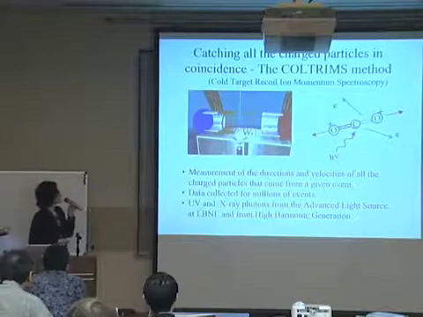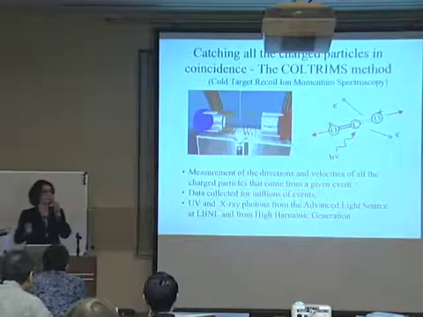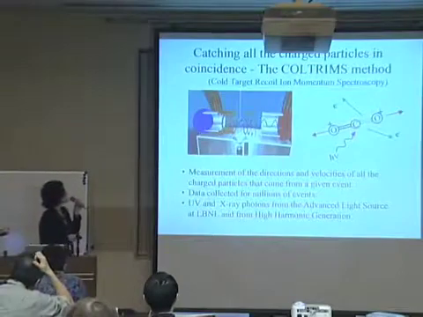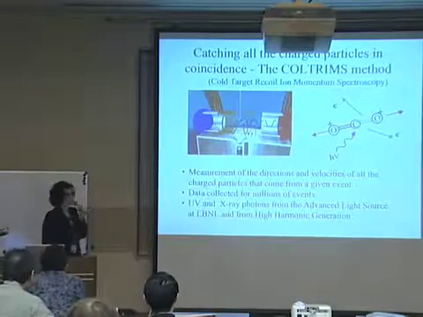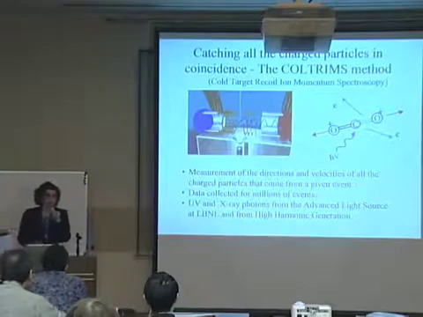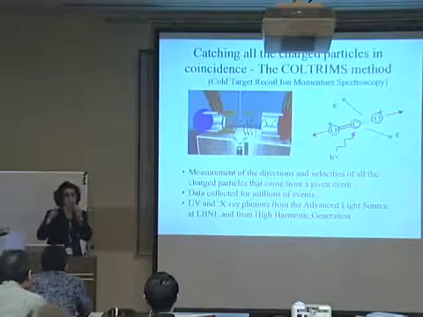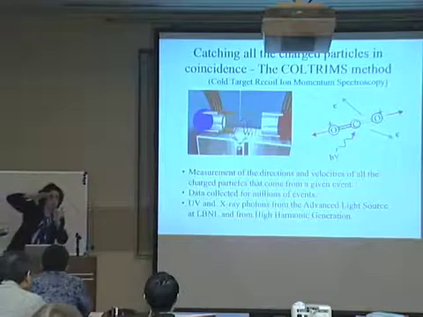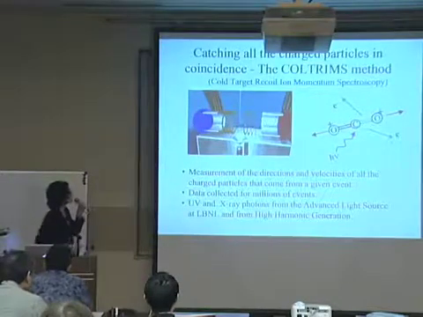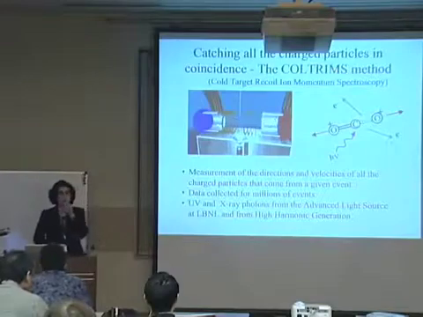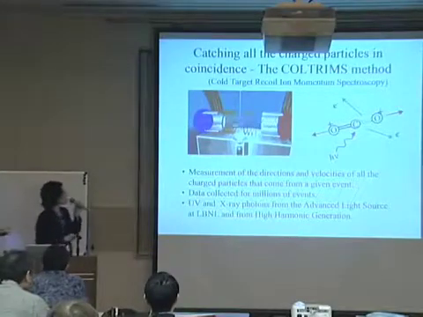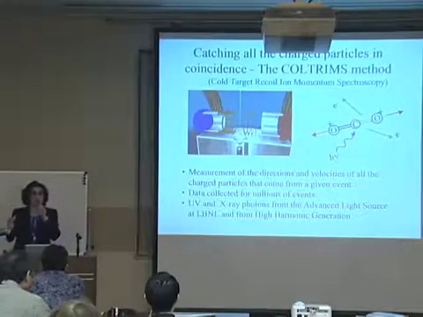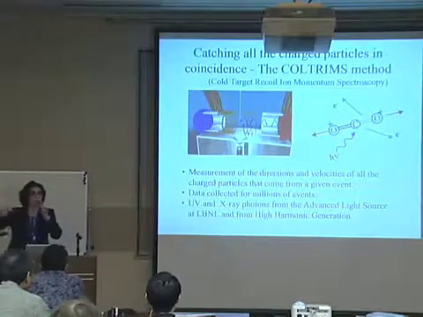The positive fragments of a dissociation, or a fragmentation, will go towards this blue plate, whereas the electrons are going to drift over to the red plate. Because we know the equations that govern these trajectories, we can figure out the position the molecule was at when these two electrons left, and so we can map the angular distribution of these electrons in the body frame of the molecule with respect to the molecular axis, right?